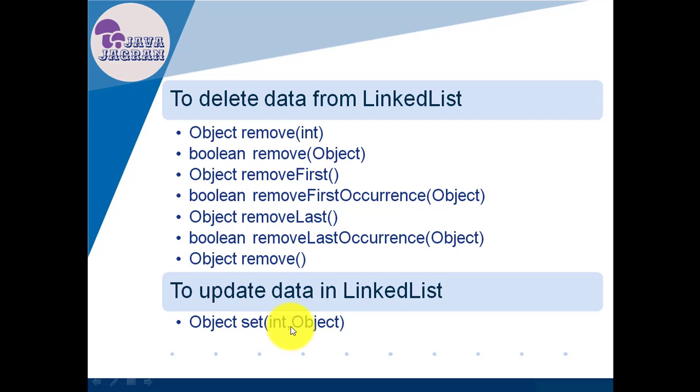It has two parameters: the first is the index, an int, and the second is the object. Whatever index you pass, it will go into the list, return the old object from that index, and set the new object on that index. So this is how the update method works.